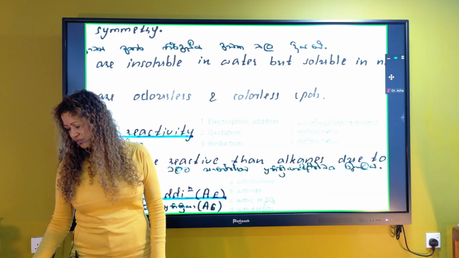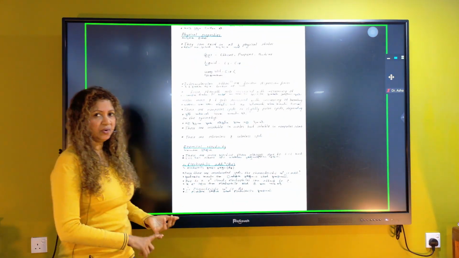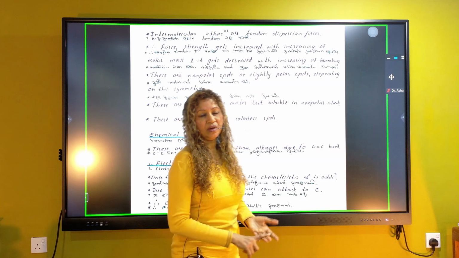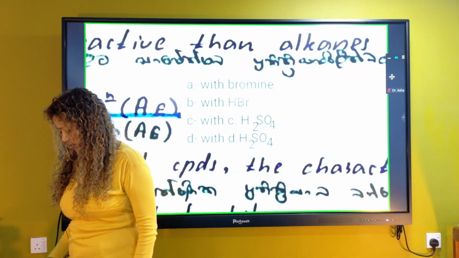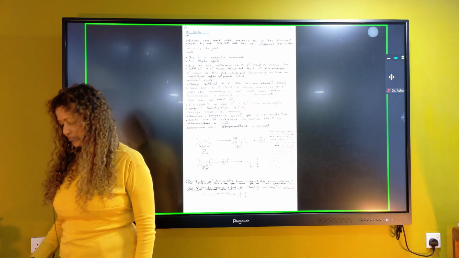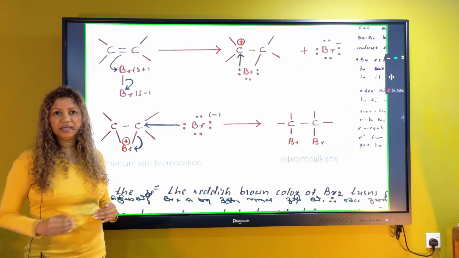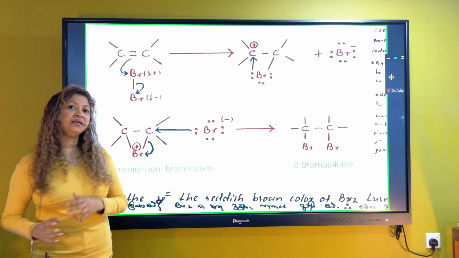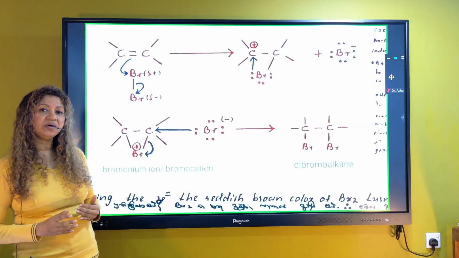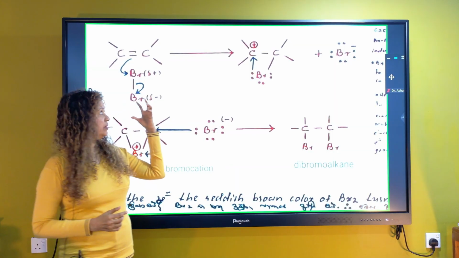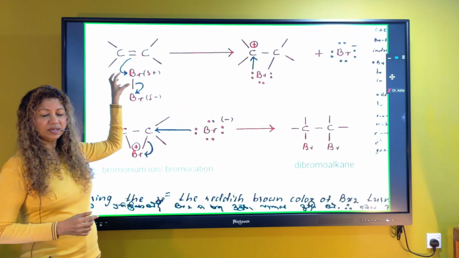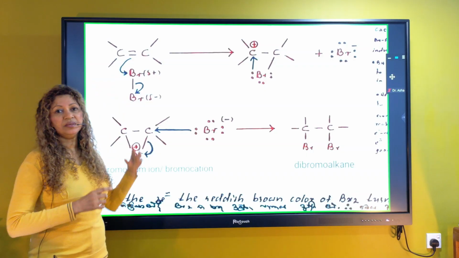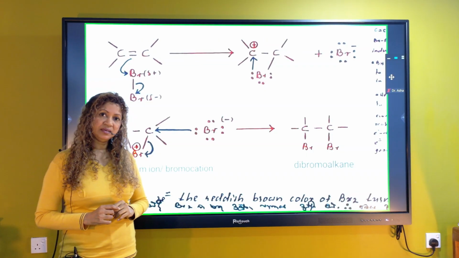So under electrophilic addition, we did bromine, HBr, conc H2SO4 and dil H2SO4. The very first one is the bromine addition. In the medium, when you have this alkene and bromine, both are non-polar, but with the influence of this double bond, the pi electron cloud can induce polarity on the bromine.